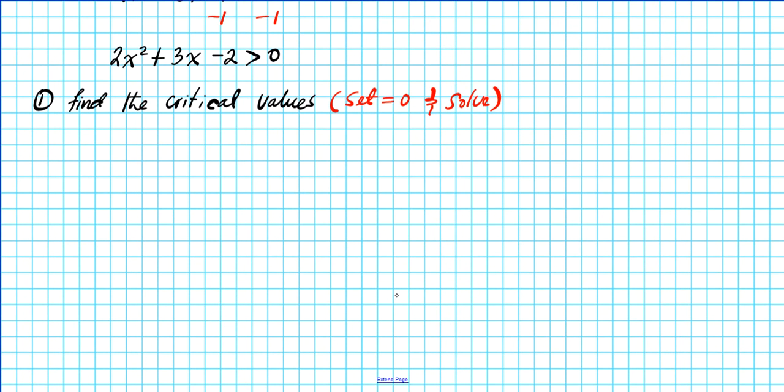That's what we're looking for. We'll take this quadratic inequality, 2x squared plus 3x minus 2 greater than 0, and convert it into an equation: 2x squared plus 3x minus 2 equals 0. Now we have a quadratic trinomial.